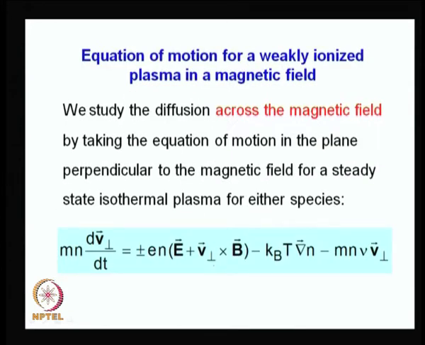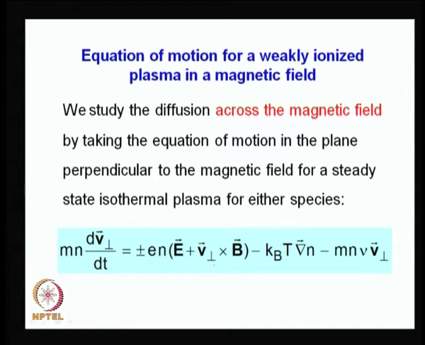So, we have to find out the diffusion coefficient for a weakly ionized plasma in a magnetic field, for the diffusion of particles in a weakly ionized plasma placed in a magnetic field. As usual, we will start with the equation of motion.